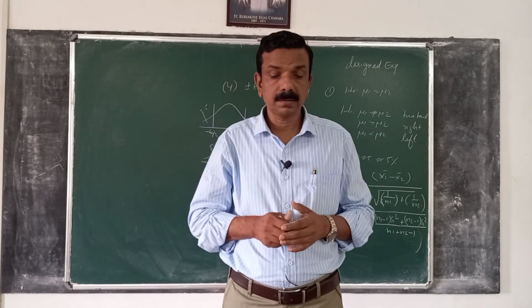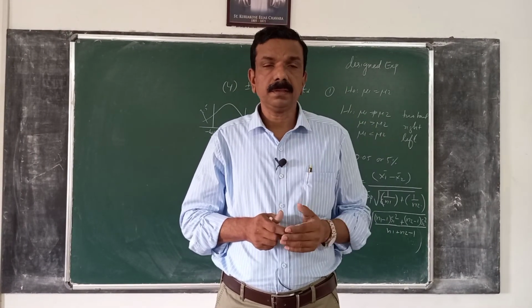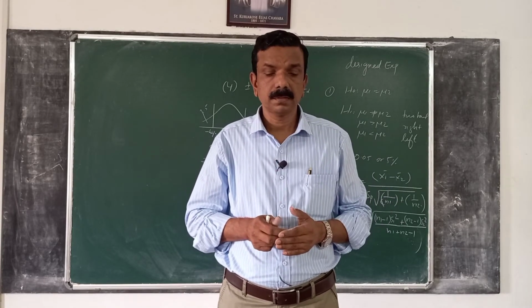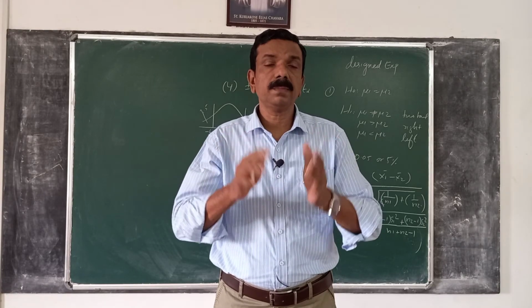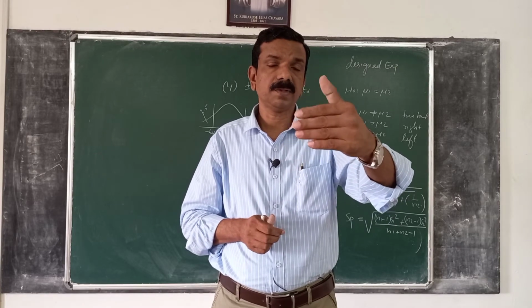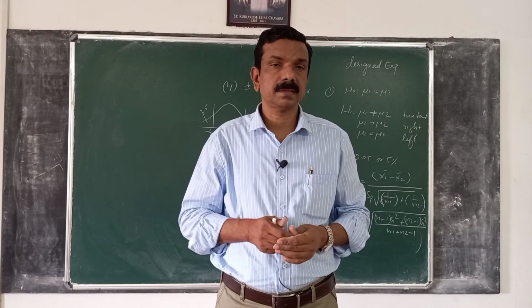But remember this, if outliers are present, even for large samples, the procedure will be affected because sample mean and sample standard deviation, as we have studied, are not resistant to outliers.